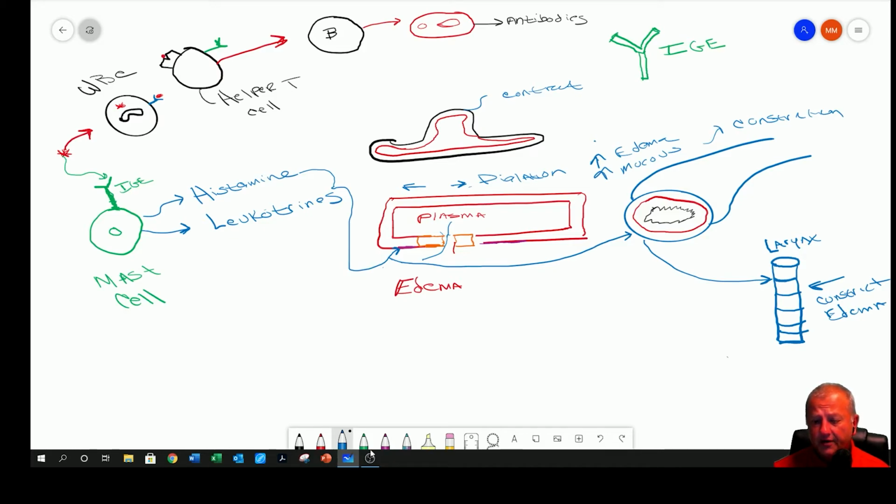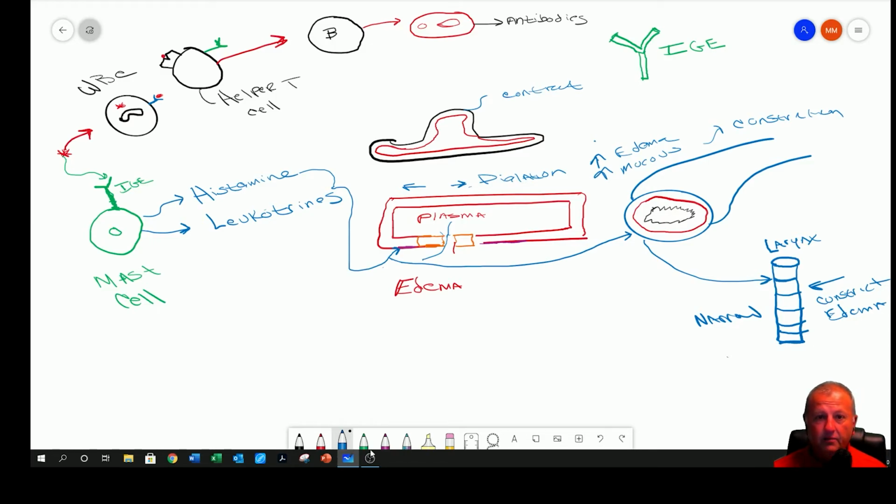This is where stridor comes from. As these begin to constrict, this air passageway becomes very narrow, and air flowing through this at a velocity is causing that whistling noise you hear. This is extremely serious, and we need to treat this rather quickly, or we'll be dealing with a respiratory arrest.